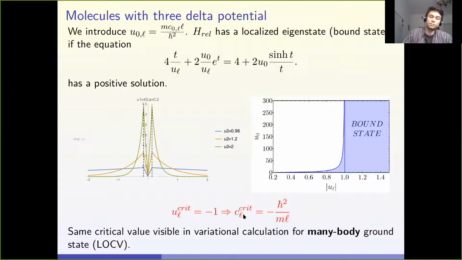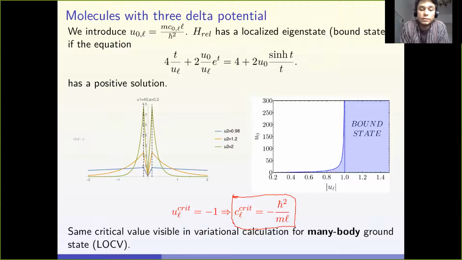And this corresponds to some particular value of coupling C. Okay, and this is a very important value of our interaction potential. And if this coupling is greater than this critical value, we expect the molecules to be formed in our system. Okay, so this is a really important value of the parameter.